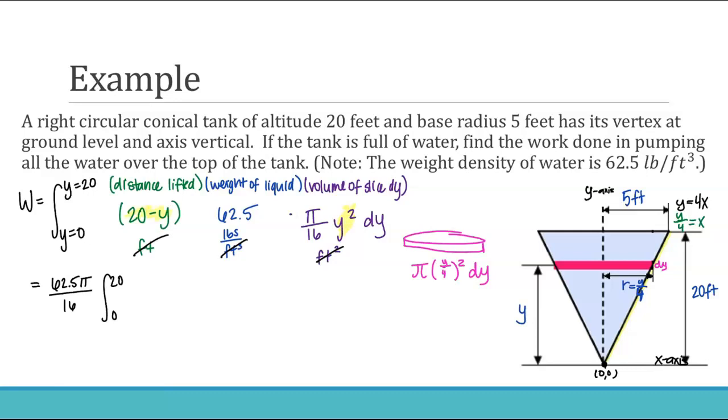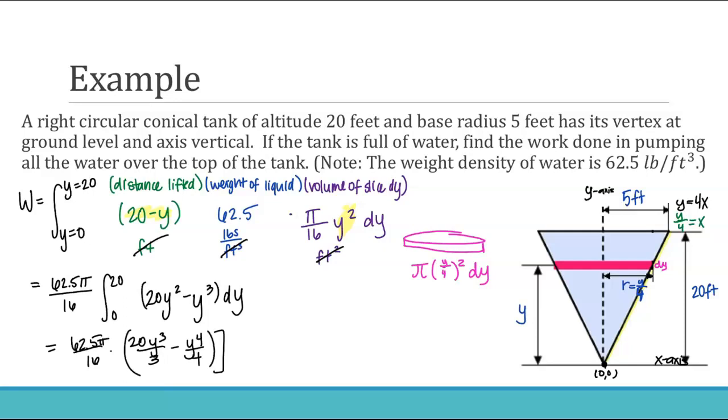The best way to integrate that would be to distribute the y squared. So we're going to have 20y squared minus y cubed dy, the differential, and 62.5 pi over 16 times the antiderivative here is going to be 20y cubed over 3 minus y to the 4th over 4, and that's evaluated from 0 to 20.